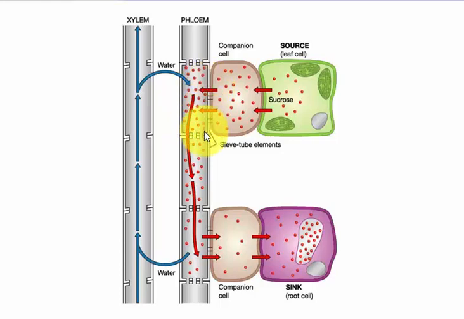Now, the root cells and tissues of the stem are sinks for sucrose. The pressure at the sink is lower than the pressure at the source. This pressure gradient causes a flow of solution through the phloem from the source to the sink.